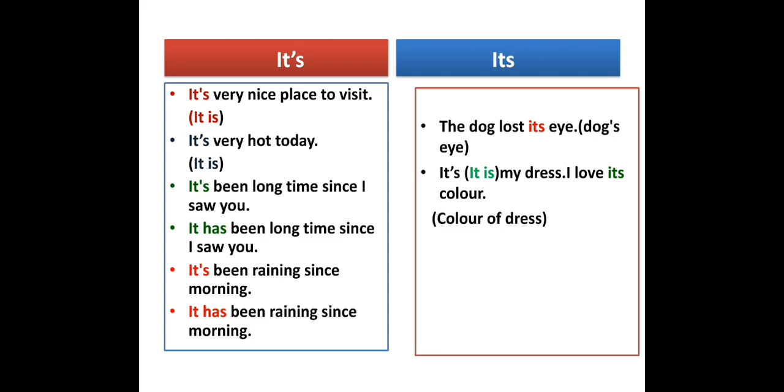So in the second part we can see its is used to show a kind of possession. That means we are talking about the color of the dress, which shows a kind of belongingness, like this color belongs to this dress.